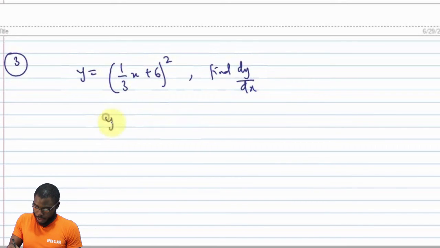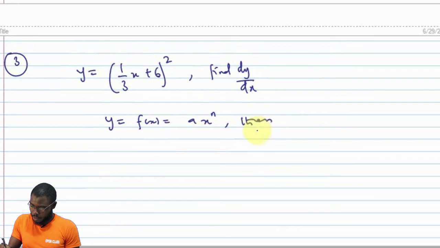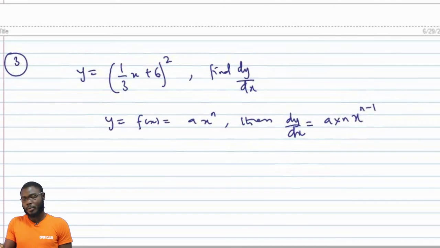Okay, so a point to note under differentiation. If you have y as a function of x, which is the same thing as a x raised to power n, where a is the coefficient of x and n is the power of x, then your dy/dx equals a times n x raised to power n minus 1.